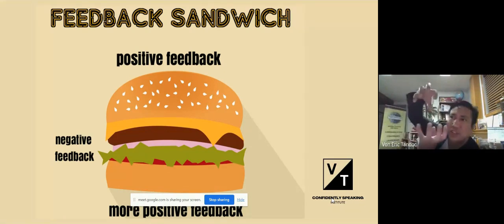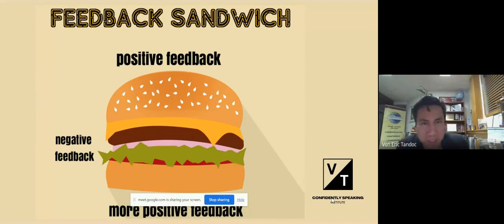Like there are two breads put together, and in the middle is the patty. So imagine that one. When you give your feedback, first you start by giving positive feedback, and then you transition to the tips or improvement. When you give your constructive criticism, go back to more positive feedback.